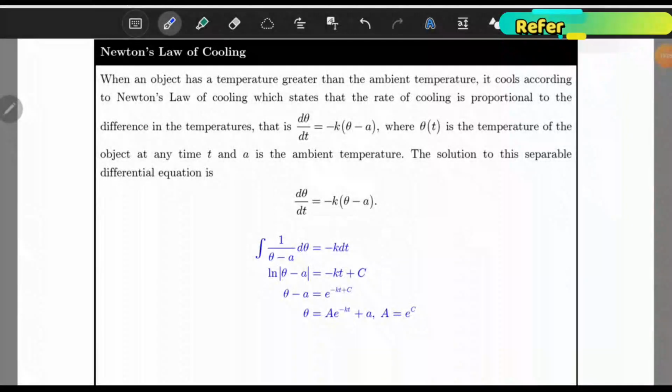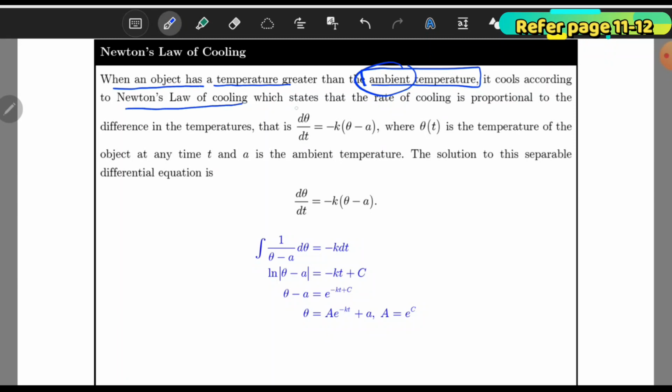The third application is Newton's law of cooling. When an object has a temperature greater than the ambient temperature or surrounding temperature, ambient here means surrounding, it cools according to Newton's law of cooling, which states that the rate of cooling is proportional to the difference in the temperature, meaning temperature of the object and the surrounding or ambient temperature.